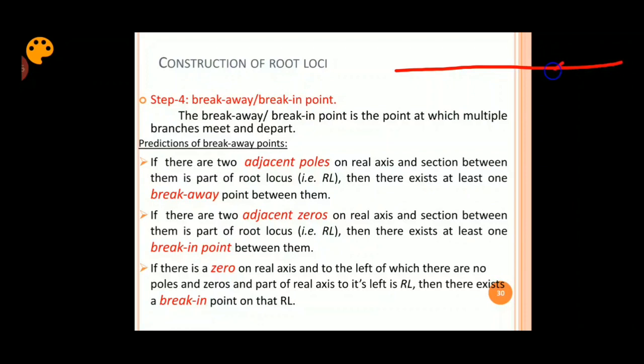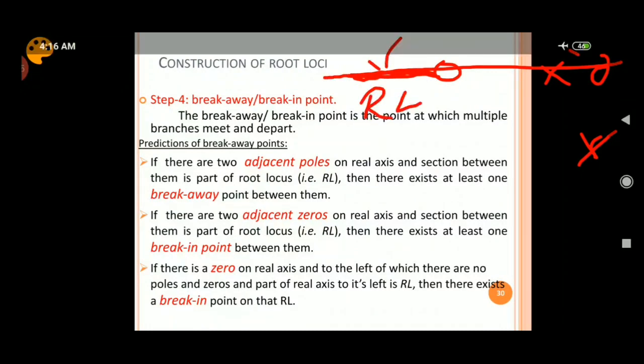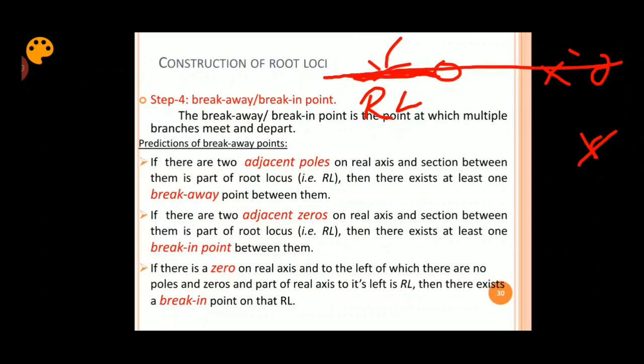So I have some poles or some zeros here. And suppose I have a 0 as the leftmost thing, and to the left of which whatever section of real axis I have is RL, then there exists one breakaway, or what we call a break-in point. We can understand this better when we look into an example.